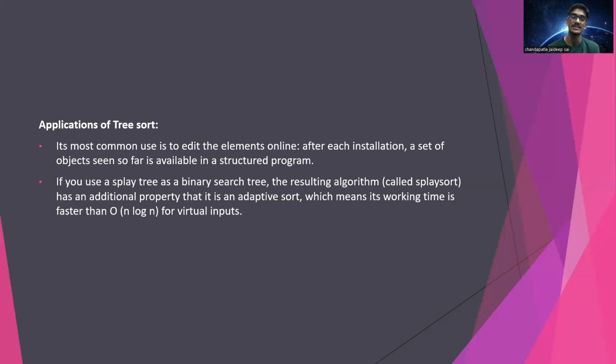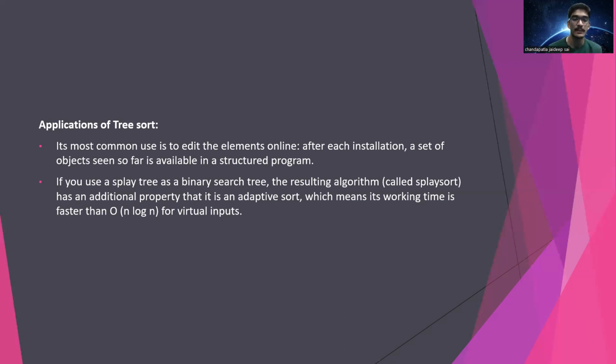So these are the applications of the tree sort algorithm, where we are editing the elements in an online method, creating a binary tree, performing the binary search, and at last performing the in-order traversal to get all the elements sorted in the tree sort algorithm.